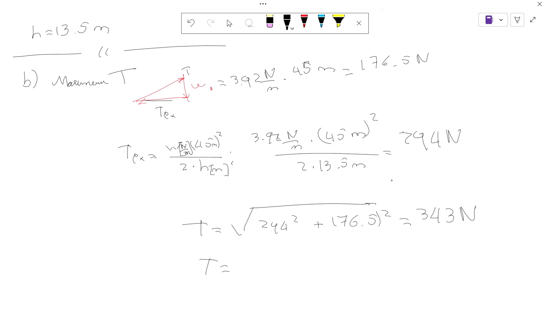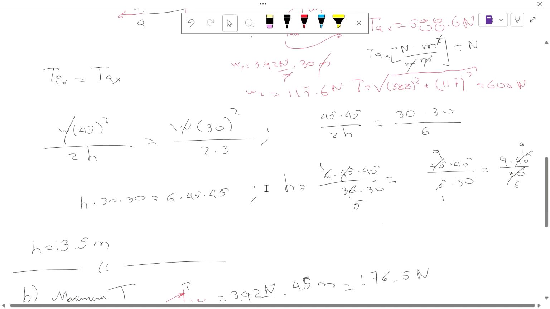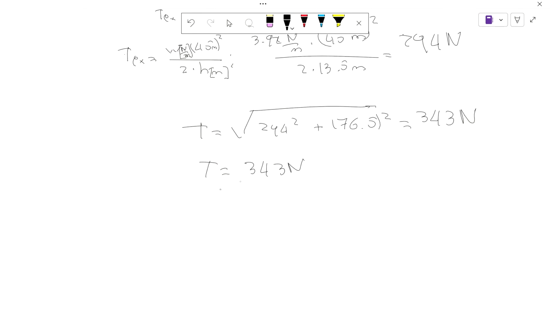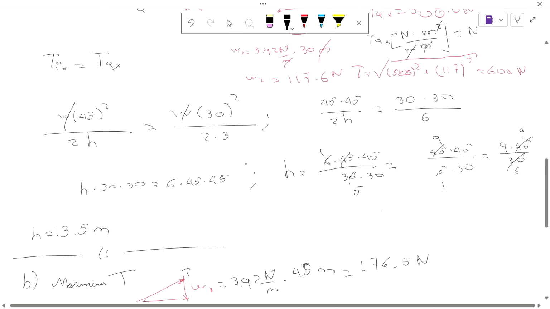So if you notice, this force right here is almost 600 newtons, and this one over here is almost 343 newtons. So this is how you solve this problem.